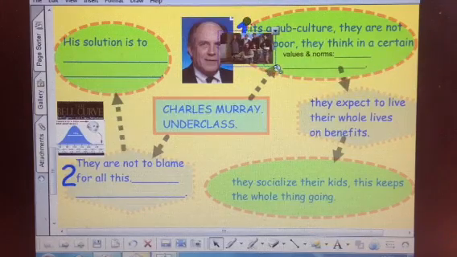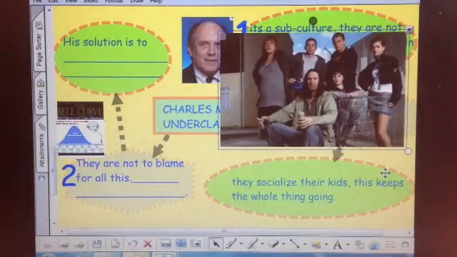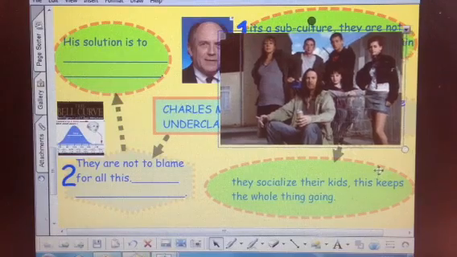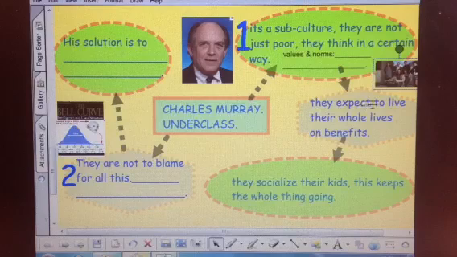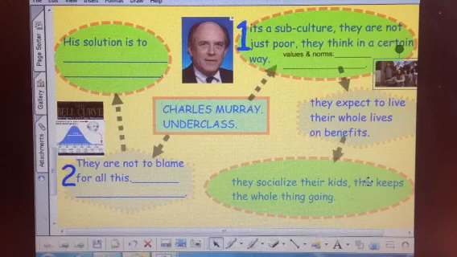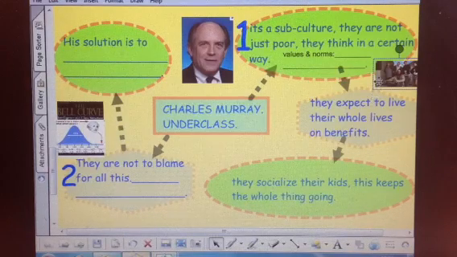He's thinking of things like shamelessness. It's not just they don't work, they don't want to work, they don't plan to work. They expect to live their whole lives on benefits. If that happens, they socialise their kids, and this keeps the whole thing going. I hope you're getting the hang of this with primary socialisation.